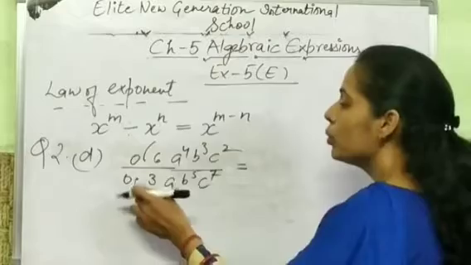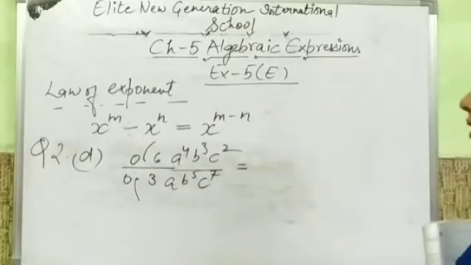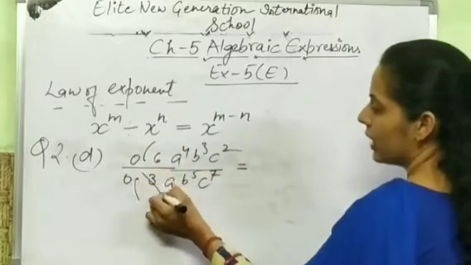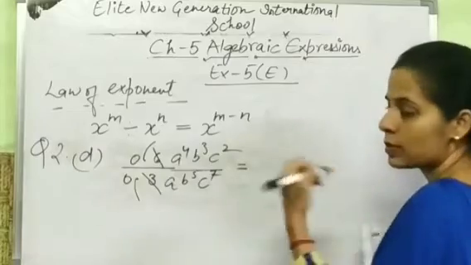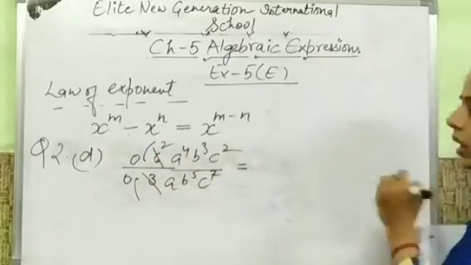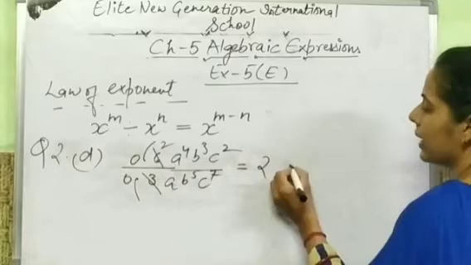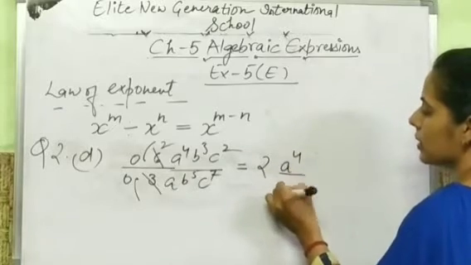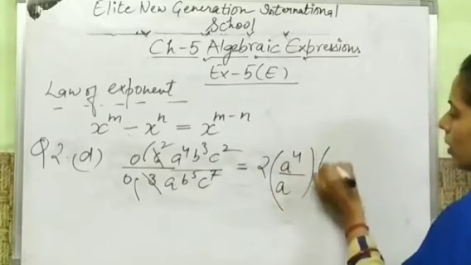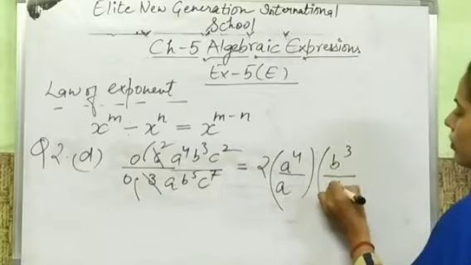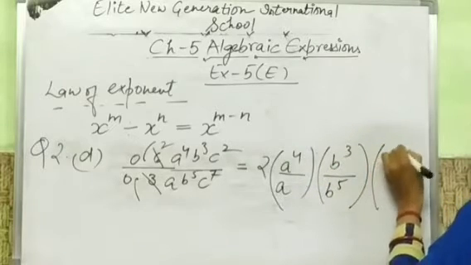So we can easily remove the decimal point from both sides. Now we can cancel 3 and 6 by 3, so we get 2. Write 2 here, and you can also take this step as well.